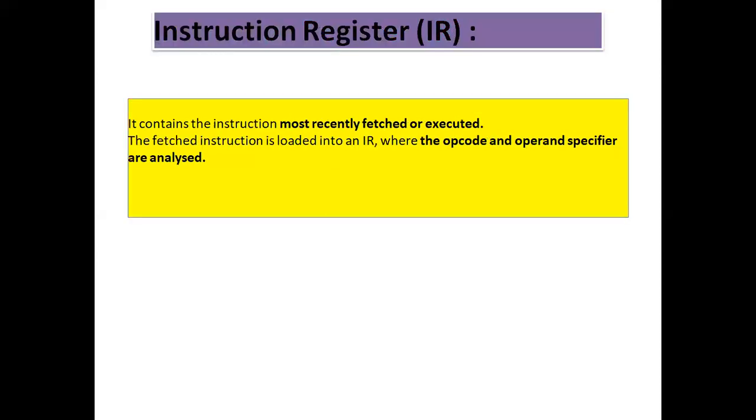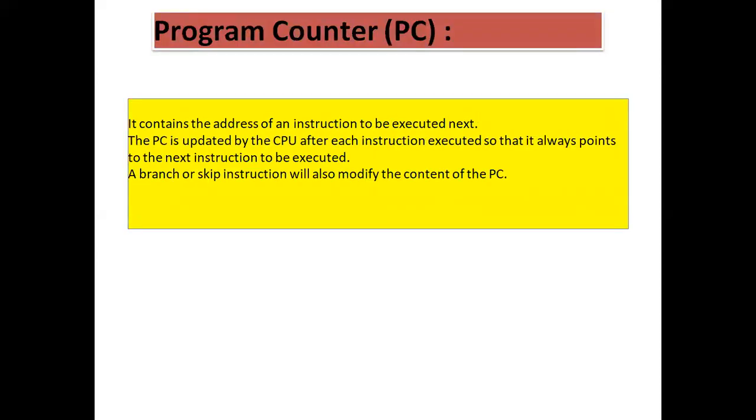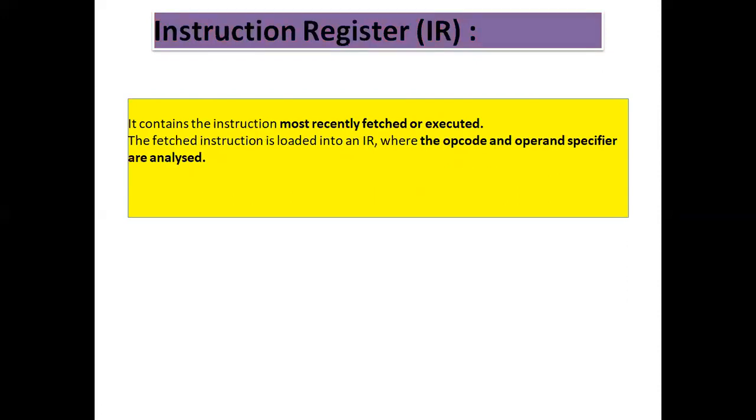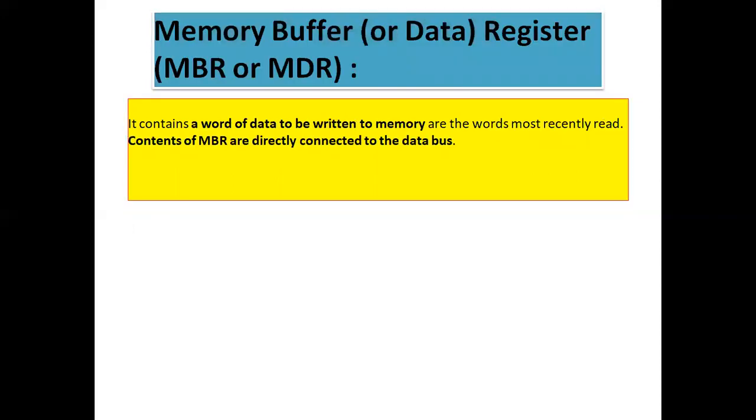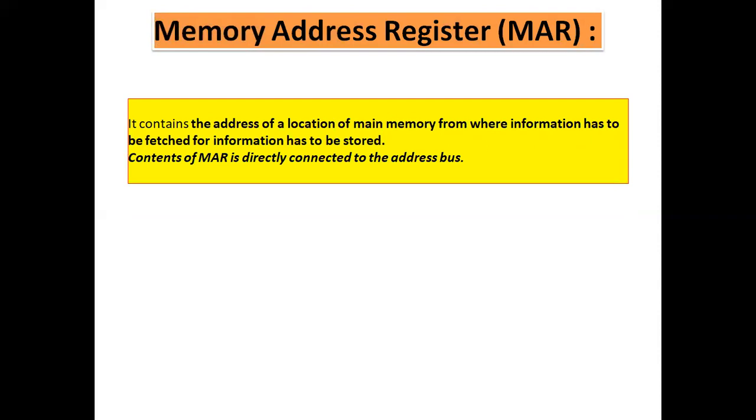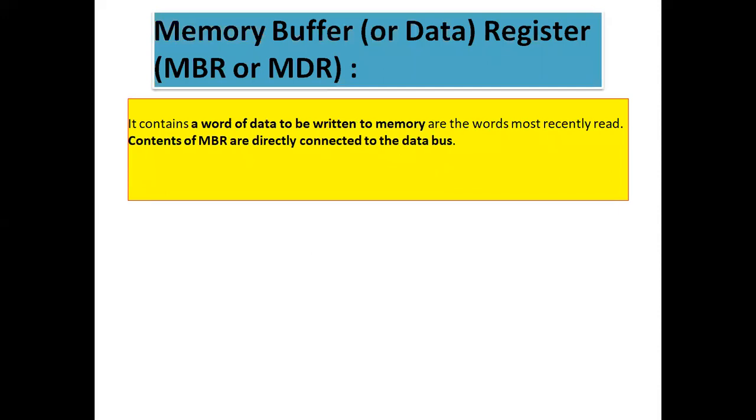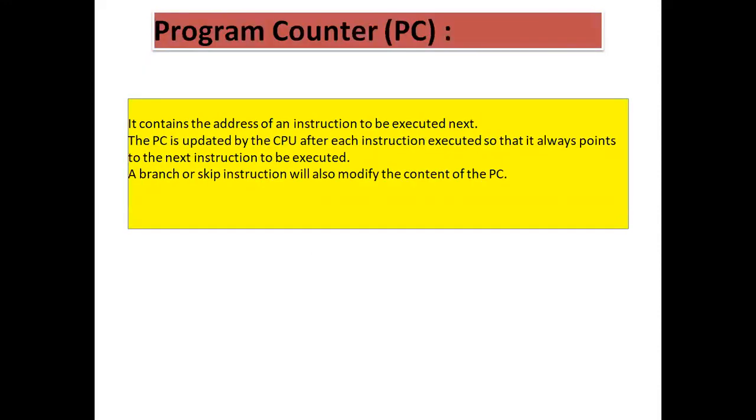But जो essential registers हम बात करते हैं तो वो ये प्रोग्राम काउंटर है, जहां आपने देखा जो इंस्ट्रक्शन नेक्स्ट एग्जीक्यूट करने जा रहे हैं उसको रखा गया था. इंस्ट्रक्शन रजिस्टर जो मोस्ट रिसेंटली फेच्ड इंस्ट्रक्शन है उसको रखा गया था. मेमोरी बफर रजिस्टर जिस डाटा वर्ड को हम राइट करने जा रहे हैं मेमोरी में, उसको रखा गया था. और MAR में सिर्फ उस एड्रेस और लोकेशन को रखा जाता है जहां से इंफॉर्मेशन को फैच किया गया था.